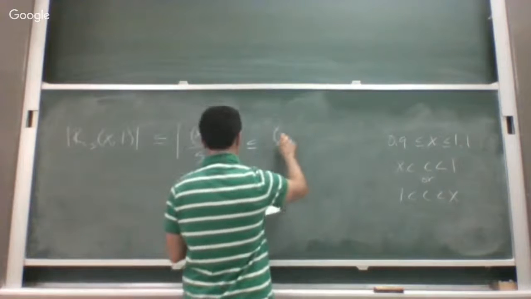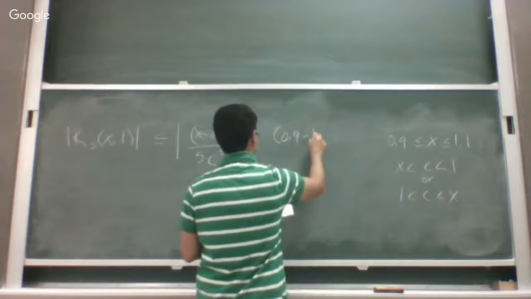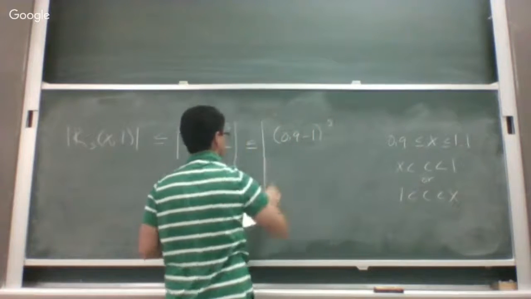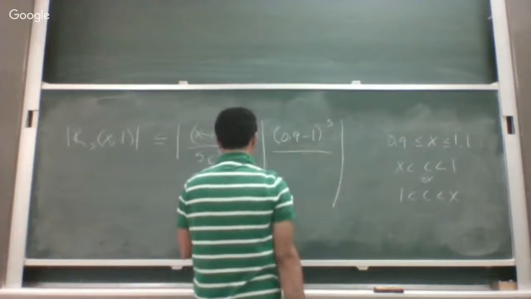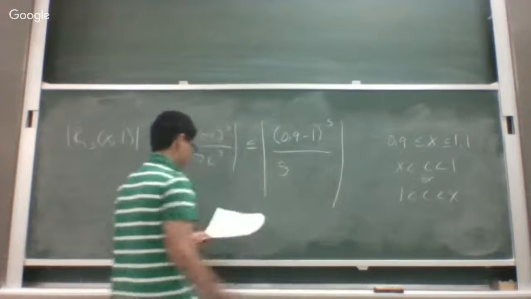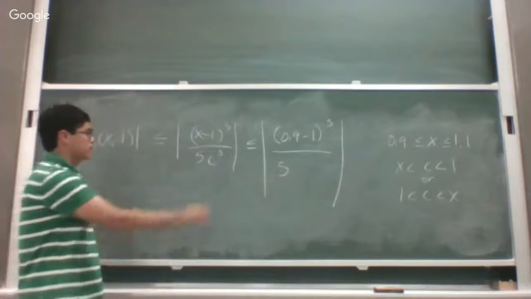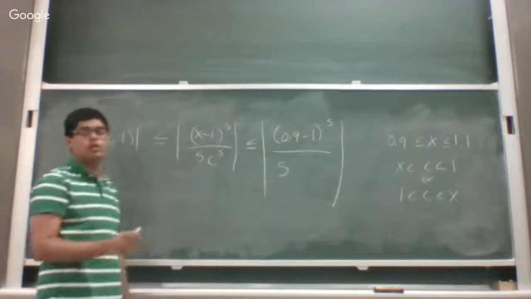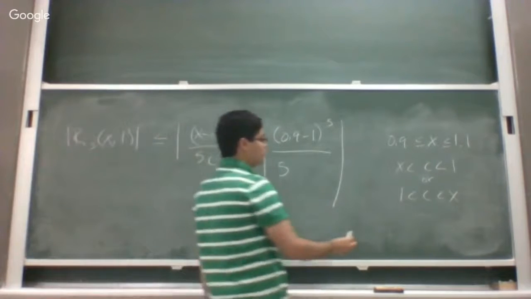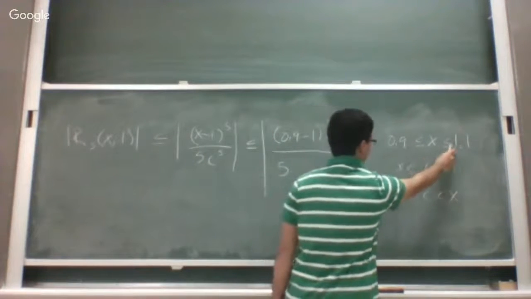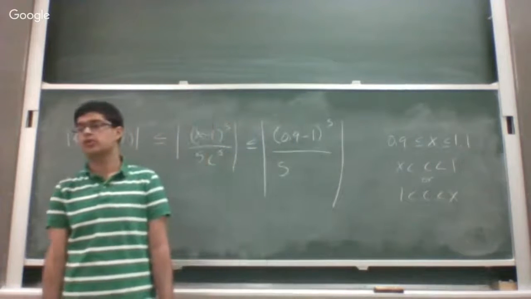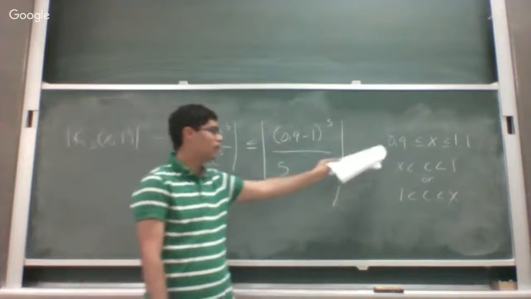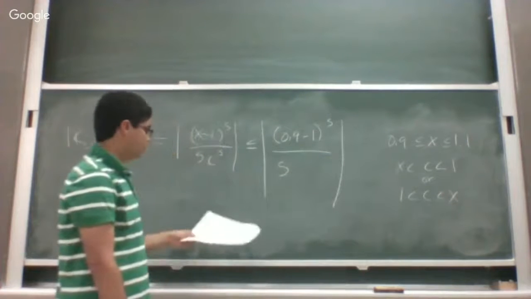So we can do (0.9 minus 1) to the 5th, and since it's an absolute value, the sign doesn't matter, divided by 5. We want our denominator to be the lowest, okay? So we could do 0.9 or 1.1, but you have to remember you could also do 1. In this case, 0.9 would make the denominator the lowest.